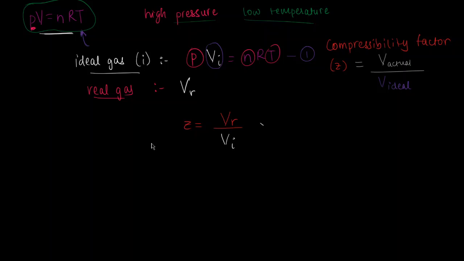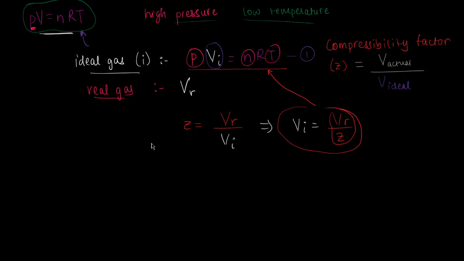With some rearrangement, V sub I, the volume of the ideal gas, is equal to the volume of the real gas divided by z. Since the first equation was true, you can plug this in. So instead of V sub I, you would write V sub R divided by z.